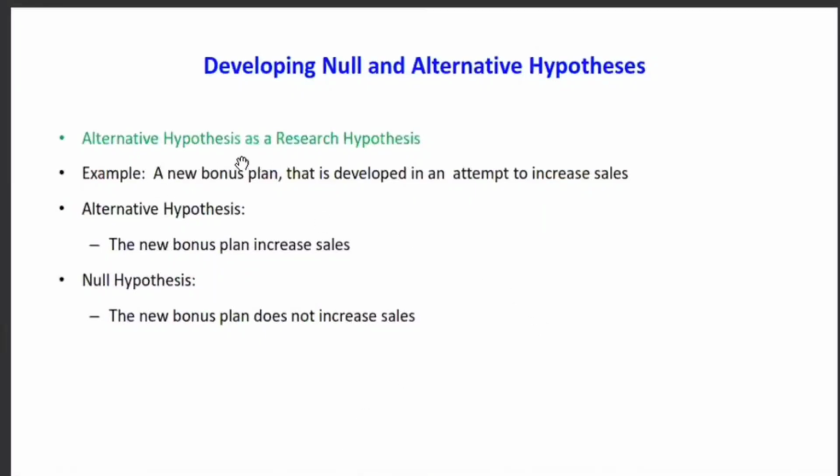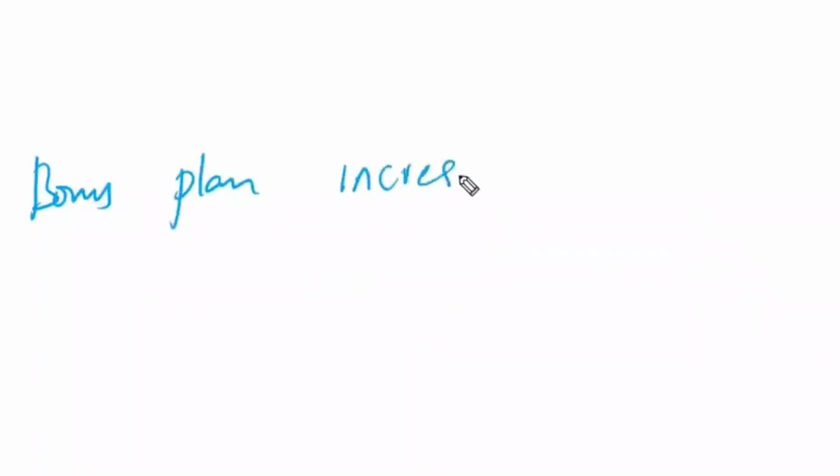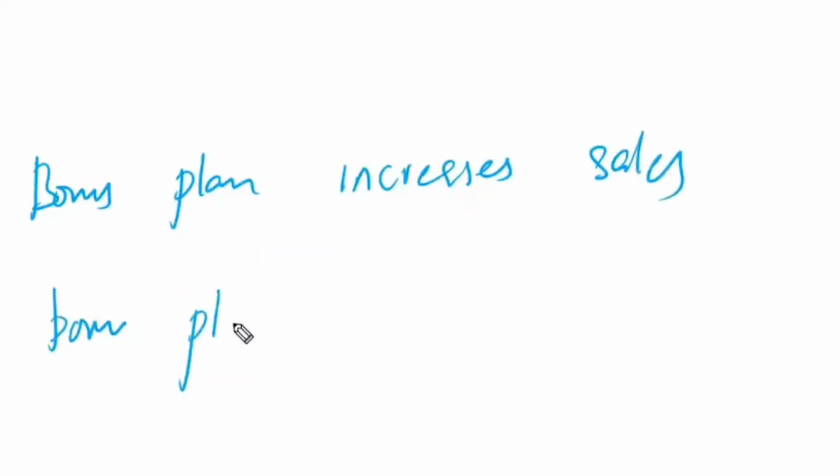Now here, see, alternate hypothesis: the new bonus plan is developed. You are developing a new bonus plan, and you are saying that it will increase the sales. I am having two options. One is the bonus plan increases sales. The other is the bonus plan will not increase the sales.